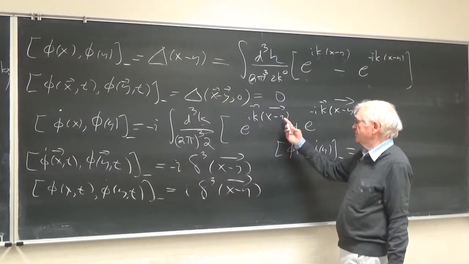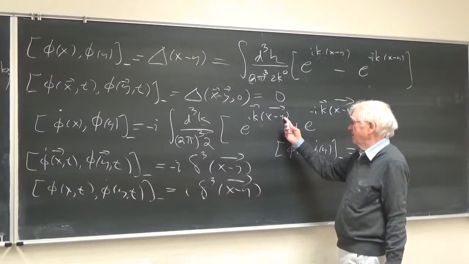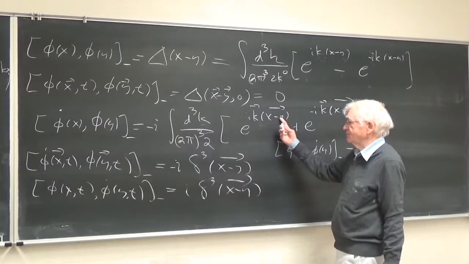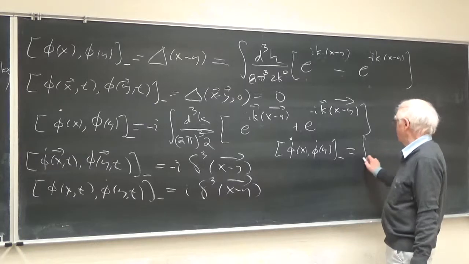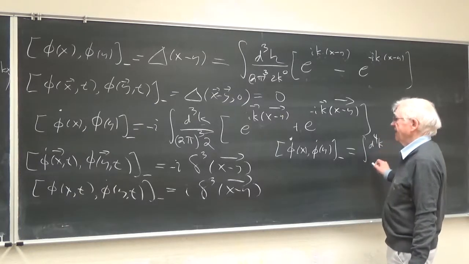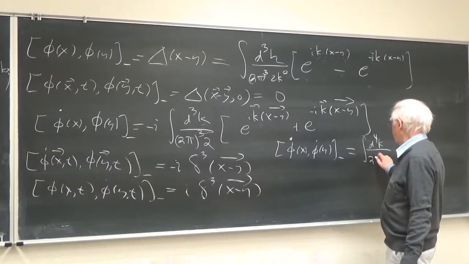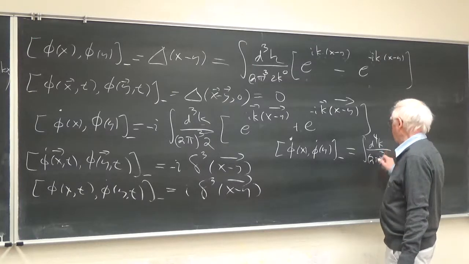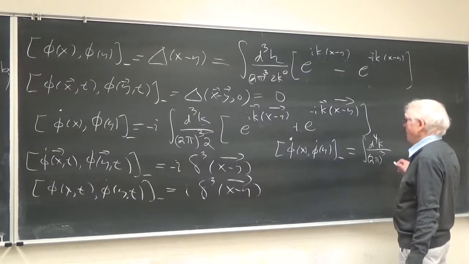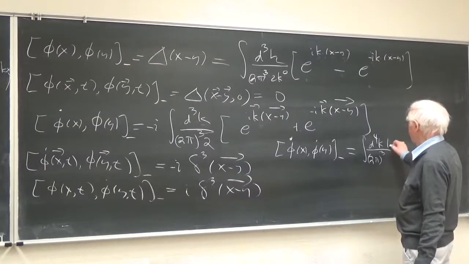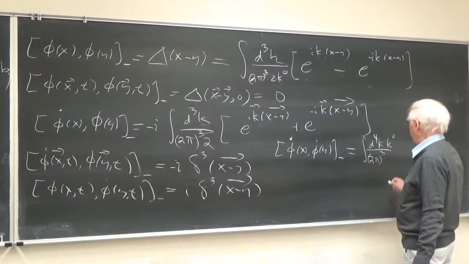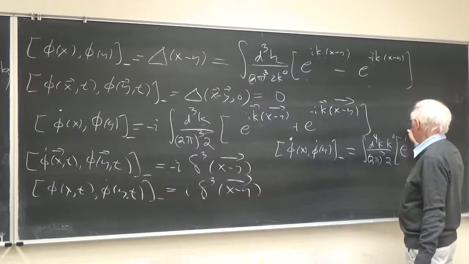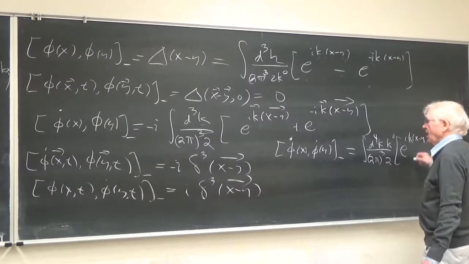We're differentiating with respect to the y time, so we have 2 minus i's, that brings down a plus I, and so this is integral d4th k 2 pi to the 4, or 2 pi cubed, but now this brings us a k0 and a 2, but then we have e to the I k x minus y.